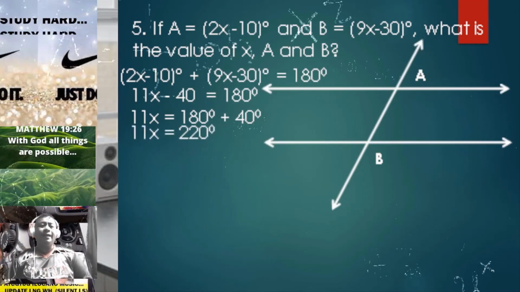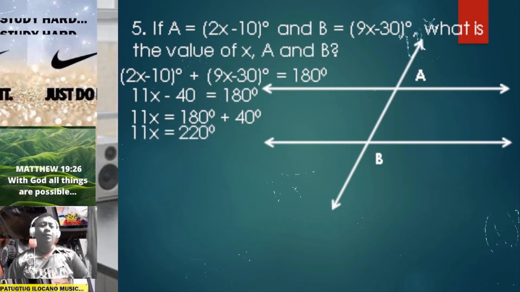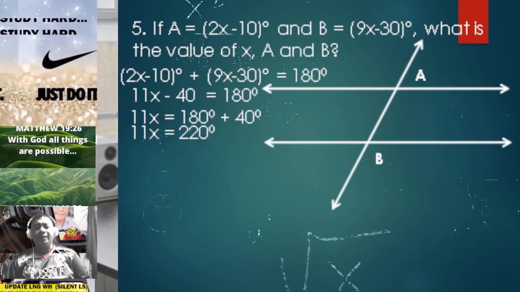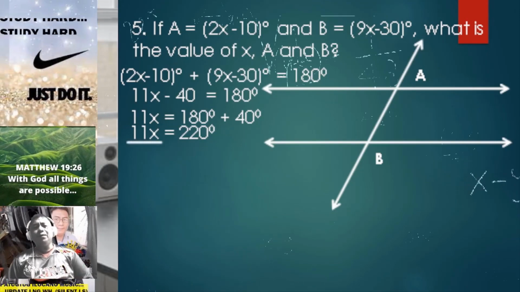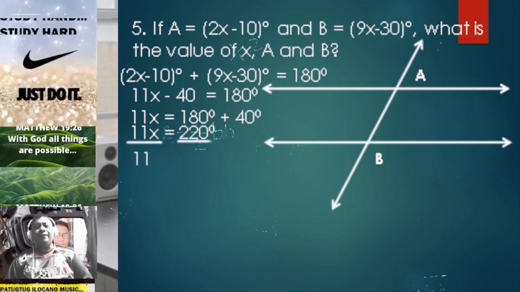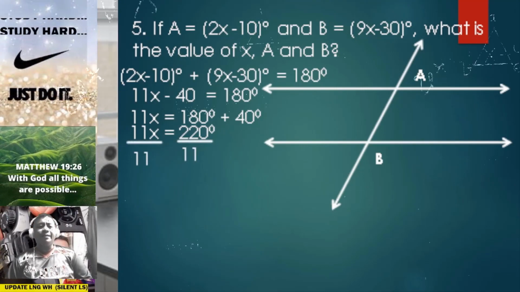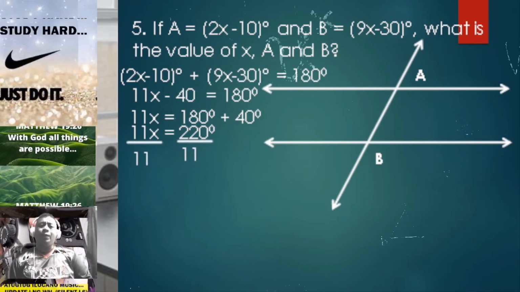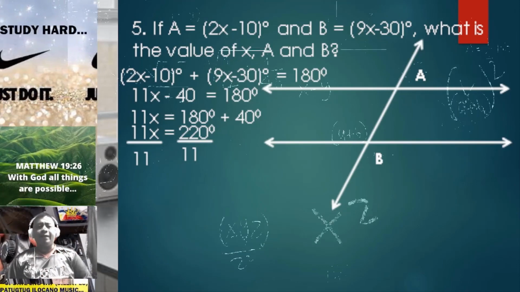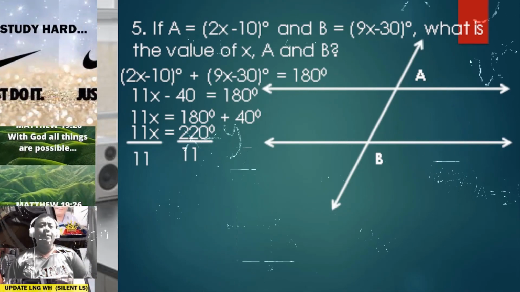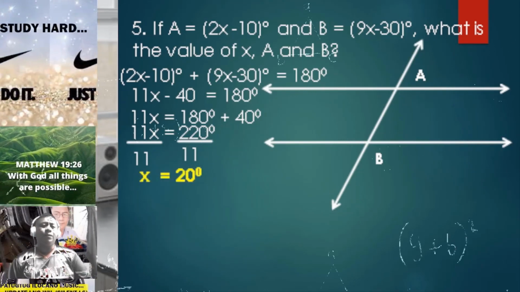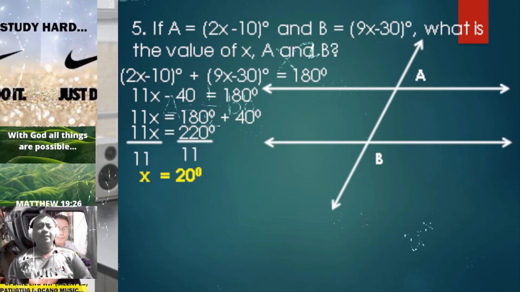Simplifying further, 11x is just equal to 220 degrees. Dividing both sides of the equation by 11, we have 11x over 11 is equal to 220 degrees over 11. From here, x is just equal to 20 degrees.